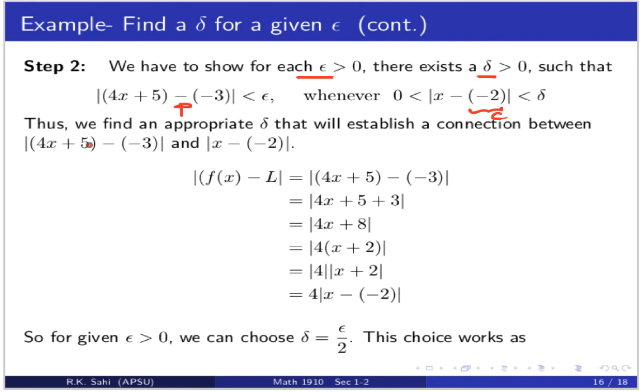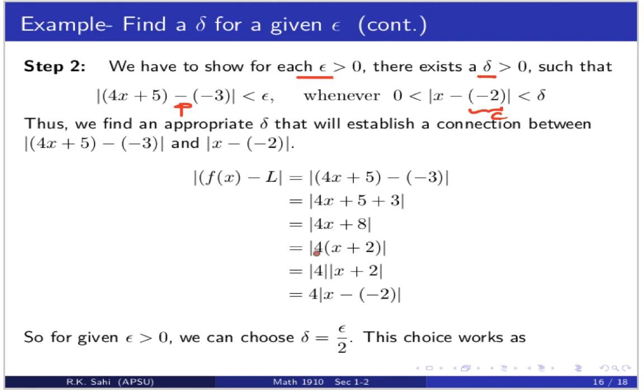So what happens? We're trying to find the delta which will establish a connection between this |f(x) minus L| and |x minus c|. So when you put f(x) minus L, which is 4x plus 5 minus (minus 3), which makes it positive 3, you get 4x plus 5 plus 3, which is 4x plus 8. And then you can take the 4 out, 4 times (x plus 2). It's all happening inside the absolute value.